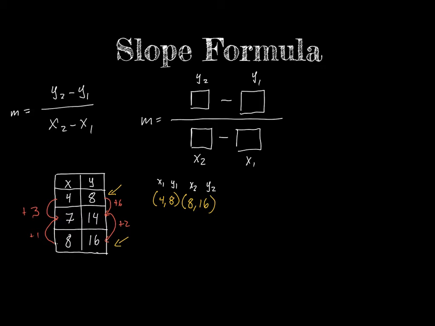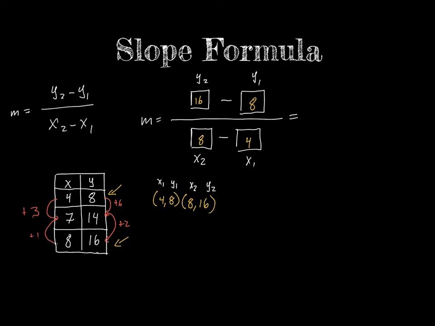Now that we have it labeled, the only thing we need to do is plug it into our formula. So we're going to write y2 is 16, y1 is 8, and then we have x2 is 8, and x1 is 4. Now that we have that, the only thing we need to do is solve.